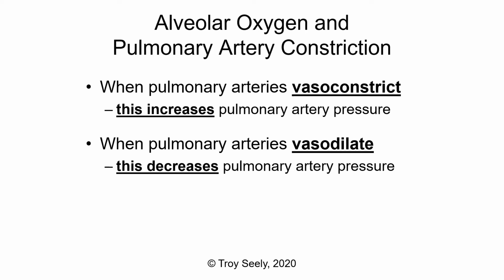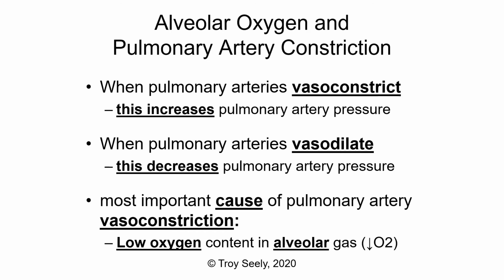So arteries can dynamically shift from vasoconstriction to vasodilation based on factors. The most important cause of pulmonary artery vasoconstriction is low oxygen content in alveolar gas, which means oxygen that's not readily available. This is a mechanism to ensure efficiency of the lungs.